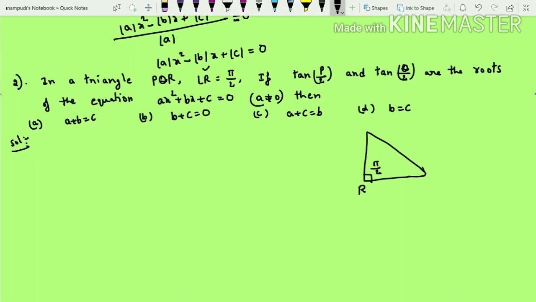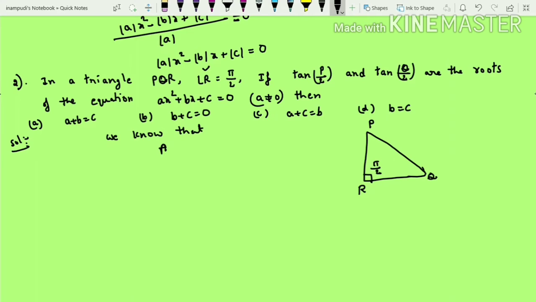Another vertex is P, another vertex is Q. We know that sum of angles equal to 180 degrees.